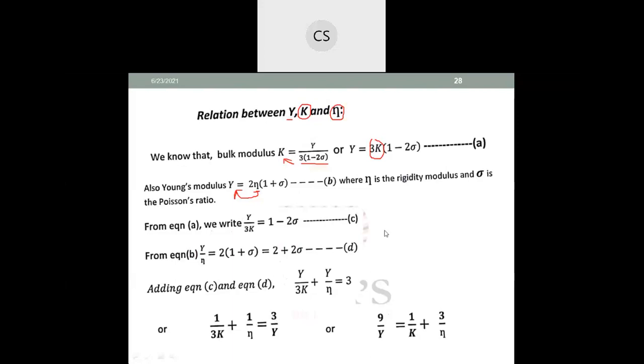This is the final expression, the final relationship between Y, K and eta.